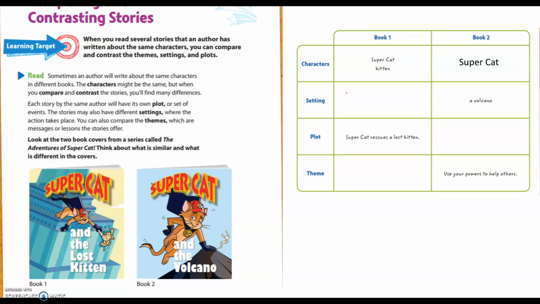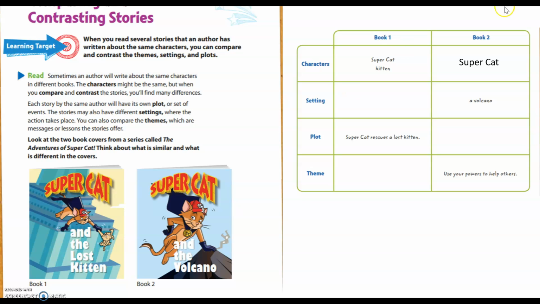He's on a building and it looks like he's helping a kitten who happens to be falling, right? Take a second and talk about what you see in the second picture. You probably talked about how you see the same cat and it looks like his hand is over top of a volcano, kind of stopping it.